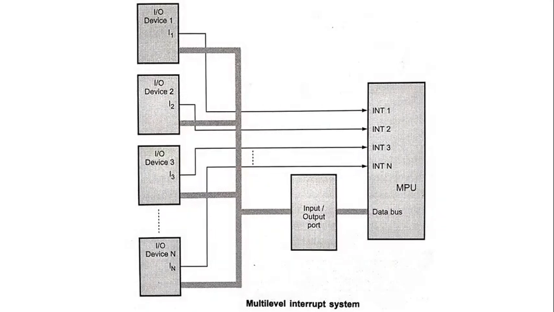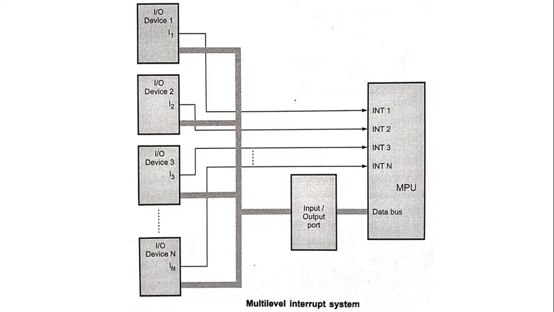Here it is the same as single level interrupts, but in multi-level interrupts we have different pins. For input output device 1 we have the pin INT1, for device 2 the pin INT2, for device 3 the pin INT3, and up to device n we have the pin INTn.